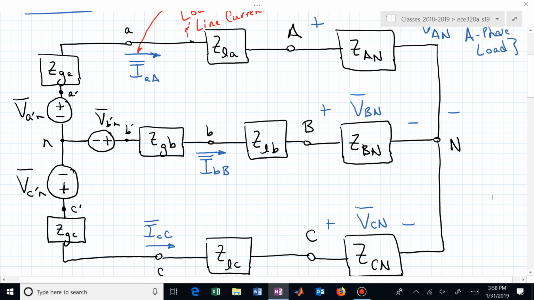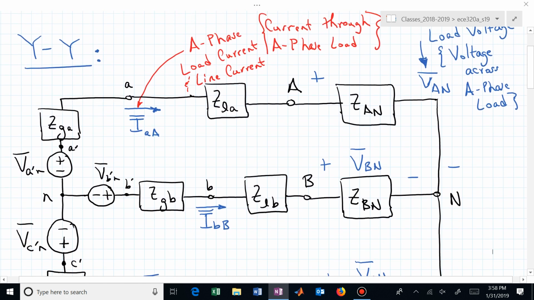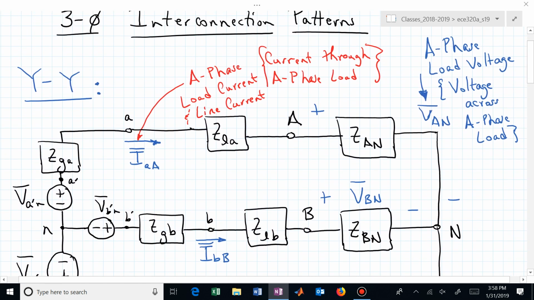When we're at the loads, the convention is to capitalize the subscripts for the terminals, and at the source we're going to use lowercase. In the upper A piece, the current is going from little a to capital A. That current is a transmission line current, but we just abbreviate that just to make it confusing. We call that the line current.